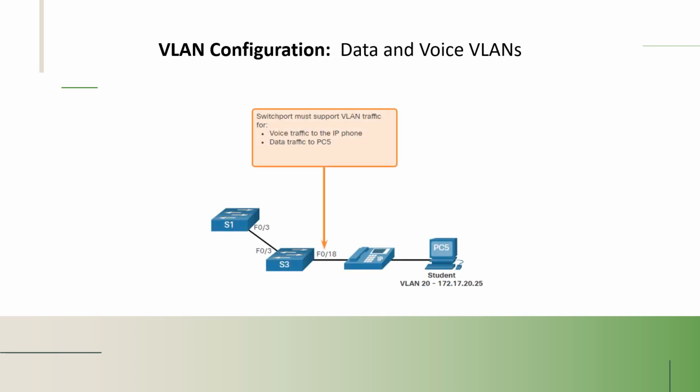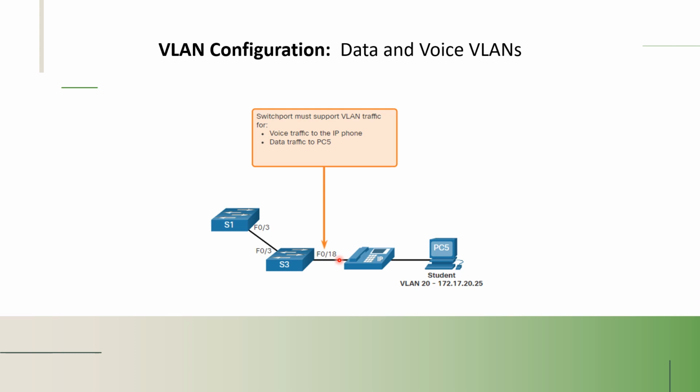Considering the topology that we can see in this figure, we have PC5 connected to the Cisco IP phone, and then this one is connected to switch 3 on interface FastEthernet 0/18.